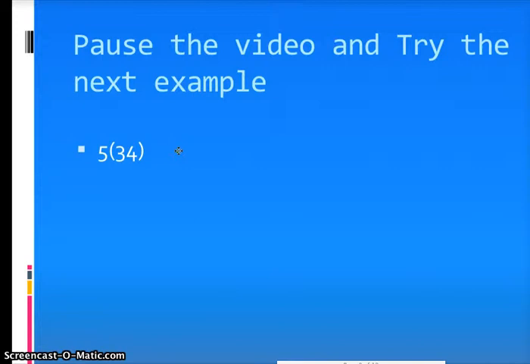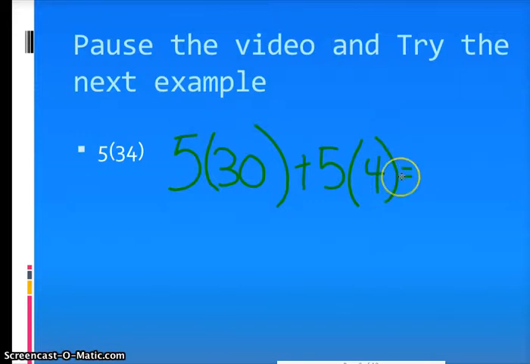Now we will do 5 times 34. After you've already written it down, we'll split it up into 5 times 30. That's a nice number. Plus 5 times 4, which also gives us a nice number. So what is 5 times 30? 150.